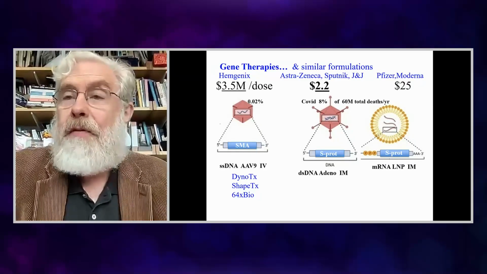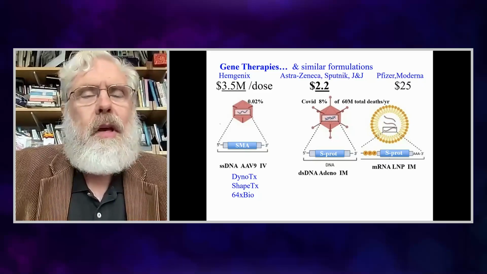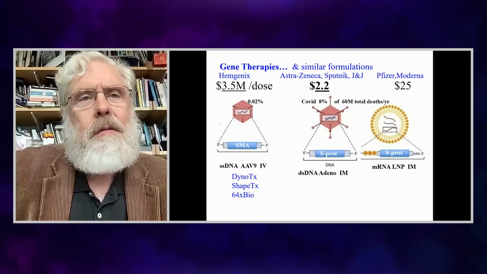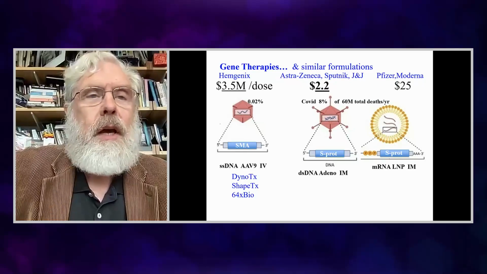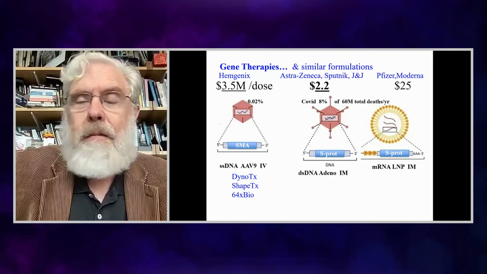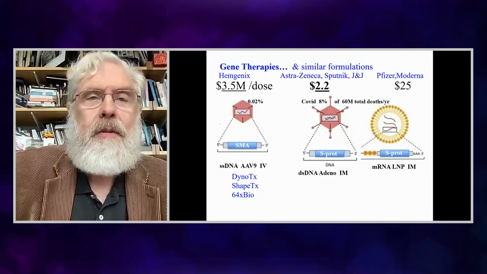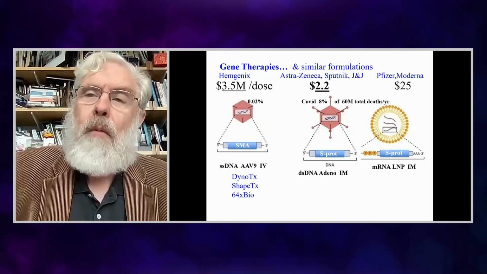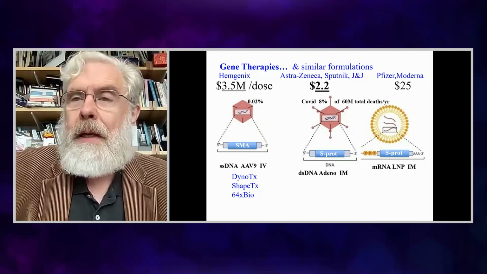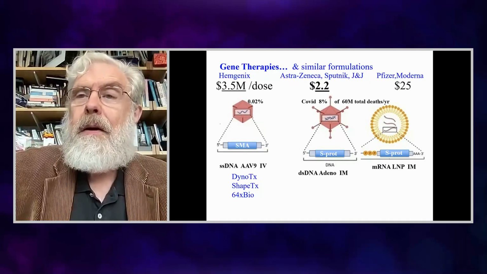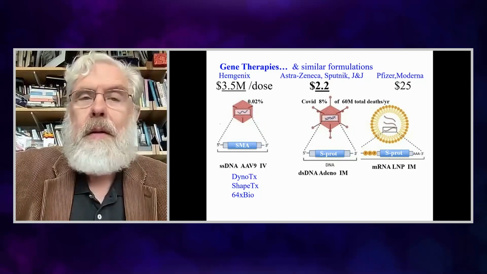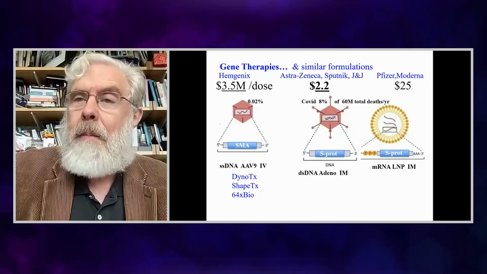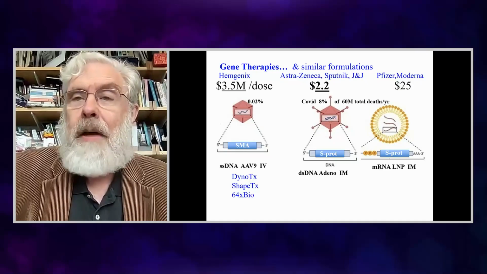The cost for rare diseases is in the $1 million to $3 million a dose range, and I don't know of any exceptions. But if you look at the way that these gene therapies are formulated, they're typically either a viral capsid protein around a double-stranded DNA or lipid nanoparticle around single-stranded messenger RNA.